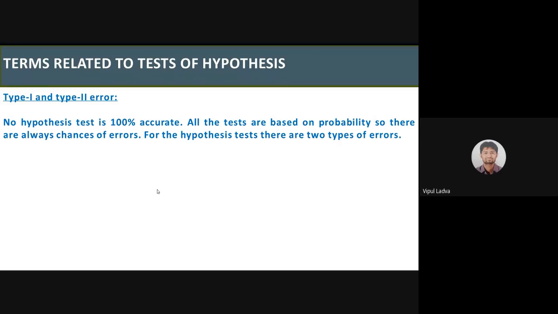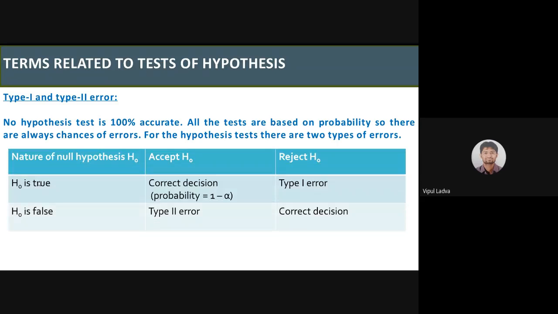So there will be errors, and in hypothesis testing दो ही टाइप की एरर हो सकती है, that error will be either type 1 or type 2. Here it is, type 1 error, type 2 error.